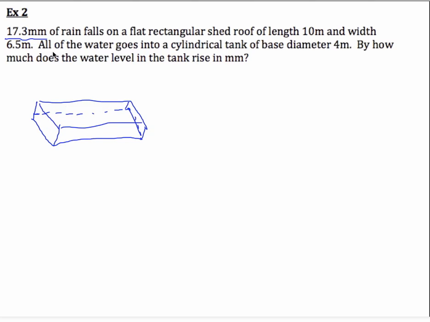Or any container, the height of the water will go up 17.3 millimeters. So we can think of it this way and find the volume of this rectangular prism here.